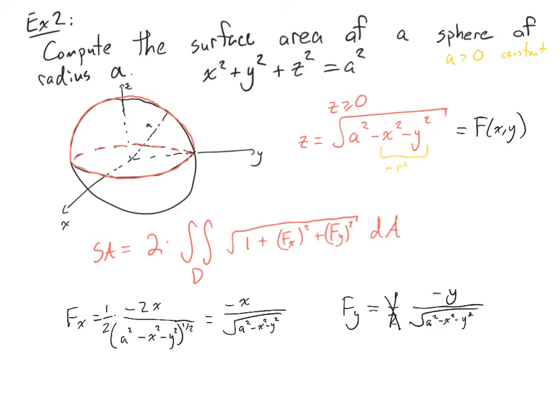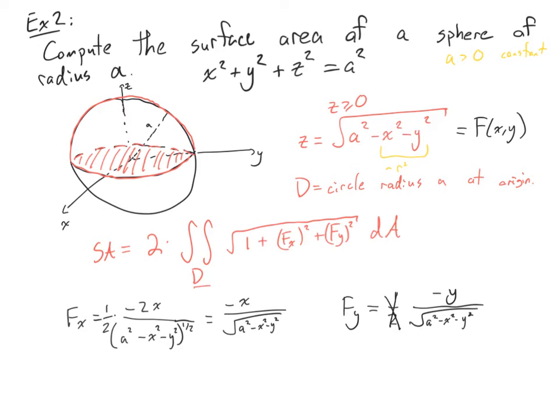Great. And the region I want to integrate over, this D, is going to be this region in the xy plane, which looks like a circle of radius a at the origin. So we know how to express that too.